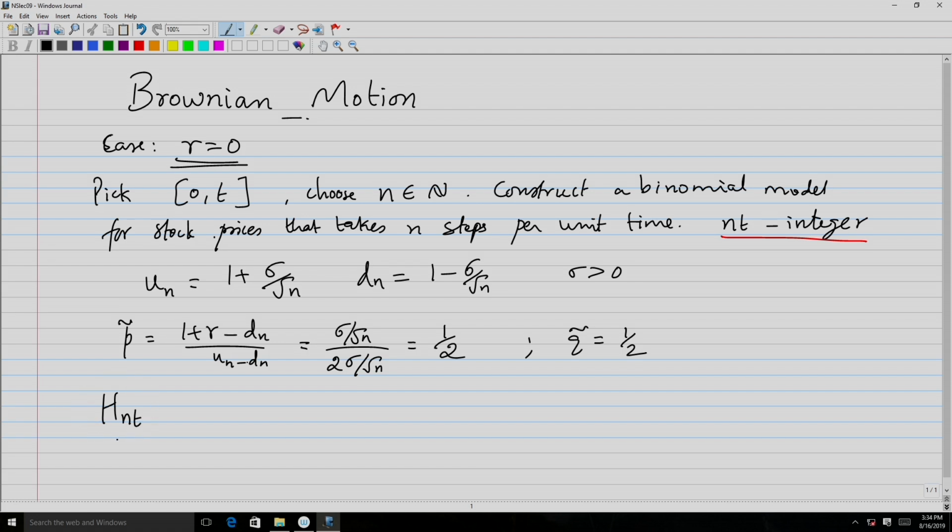So, out of those n_t number of tosses, h_{n_t} defines the number of heads in n_t tosses, and equivalently T_{n_t} will be the number of tails.